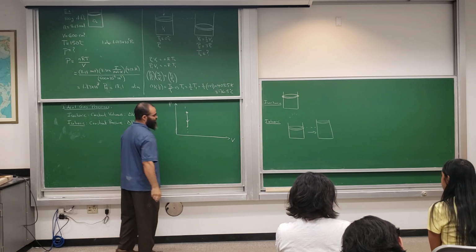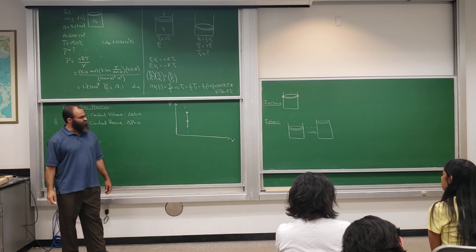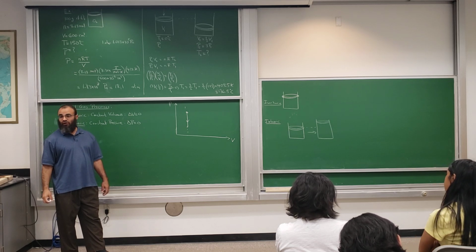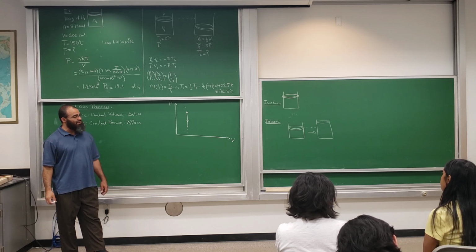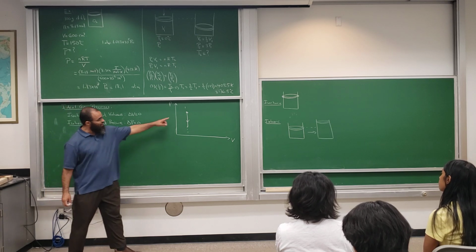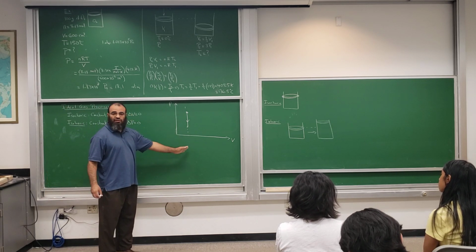What kind of process is this? Was it the pressure that stayed constant or the volume that stayed constant in this case? The volume is constant. So what kind of process is it? Isochoric, right? The volume just remains constant.